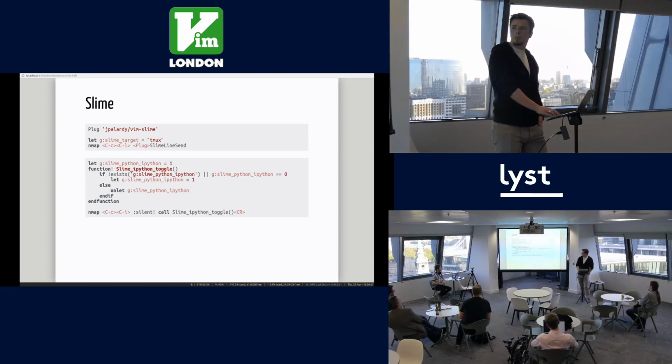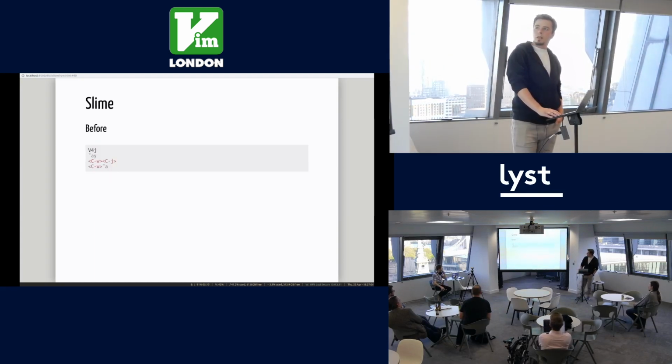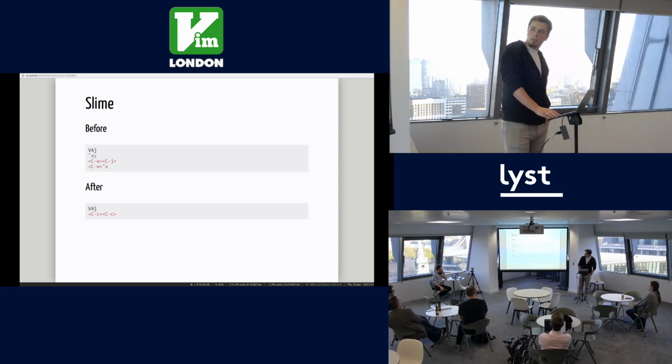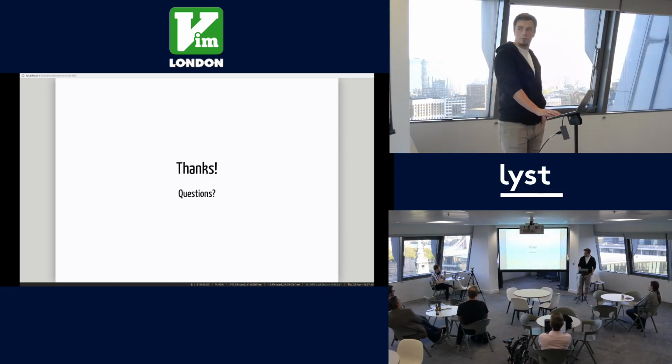I have it enabled by default, but there is a simple function to disable it, to use, for example, with the standard Python shell. To compare, this is how you copy text from your buffer, go down to the terminal and paste your code in standard Vim, and this is how you do that with Slime, which I personally find very useful.